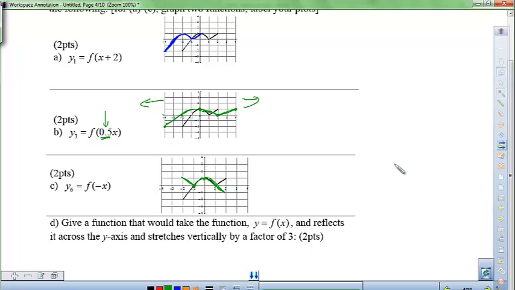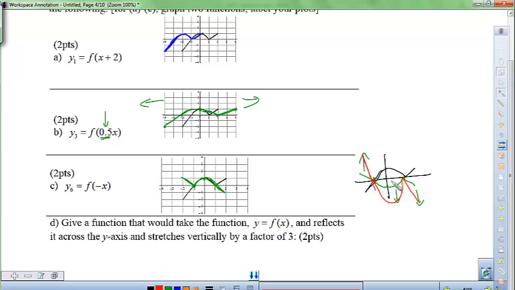So we don't need to draw the picture, but if you were to draw the picture, when your function originally looks like this, reflecting it across the y-axis would look like this, and then stretching it by a factor of 3 would stretch these things to 3, and if it's at 0, it stays at 0. So it gets stretched out by a factor of 3, and this thing goes up by a factor of 3 as well.